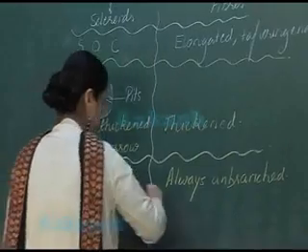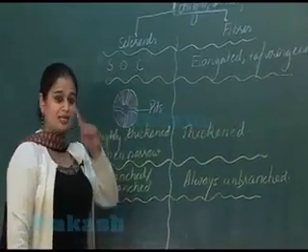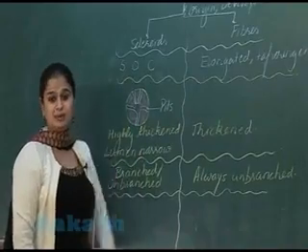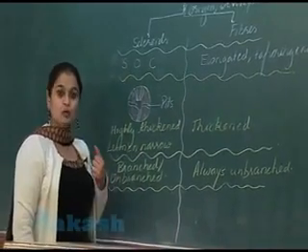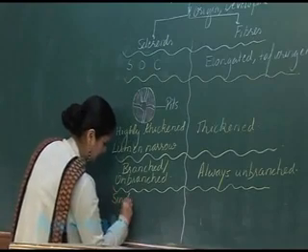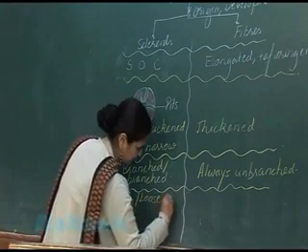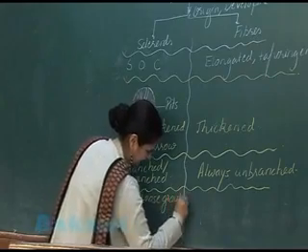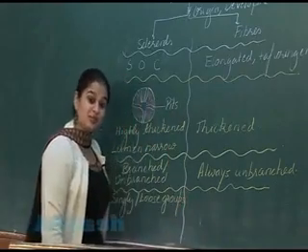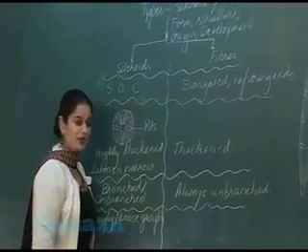Now the sclereids can be present singly or in loose groups. Singly भी present हो सकते हैं और लूज ग्रुप्स पे भी प्रेजेंट हो सकते हैं. But fibers are always present in bundles, always in bunches.